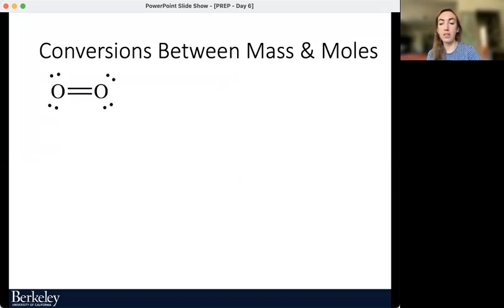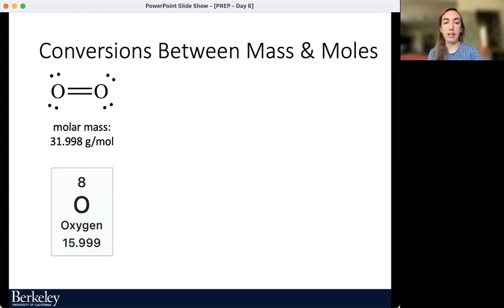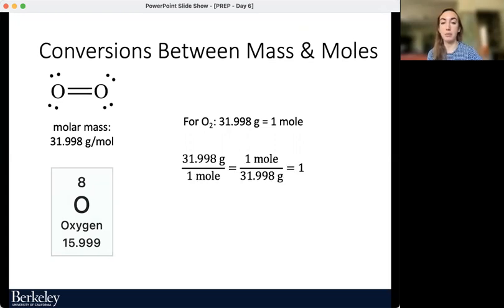Okay. So to convert between mass and moles, I'm just going to use an example. So you know how to find the molar mass. So the molar mass of O2 is 31.998. It's 2 times 15.999. What that means is that for oxygen, we have a conversion factor, 31.998 grams equals 1 mole.